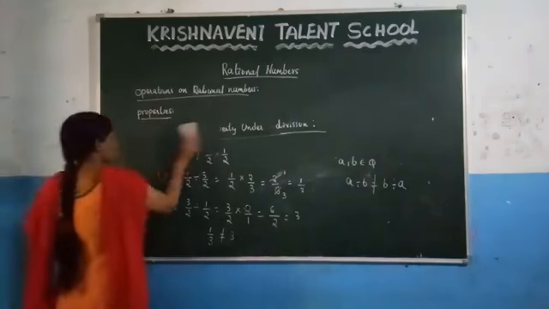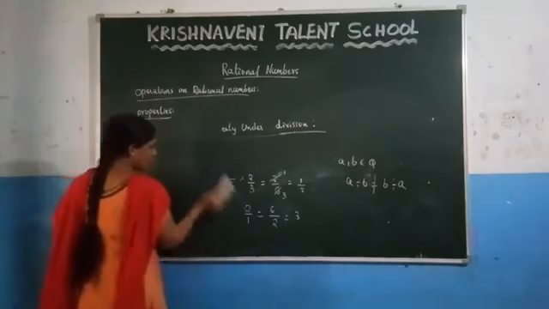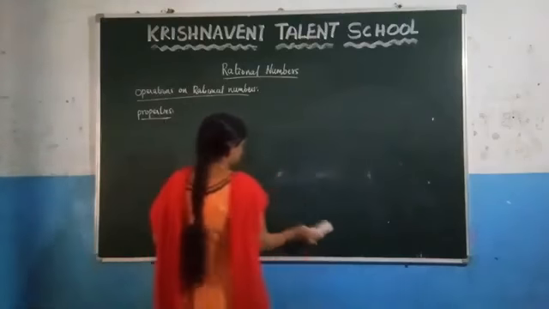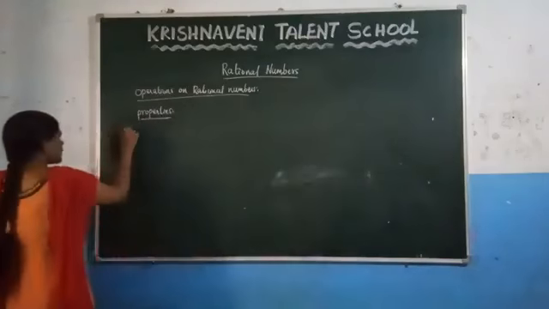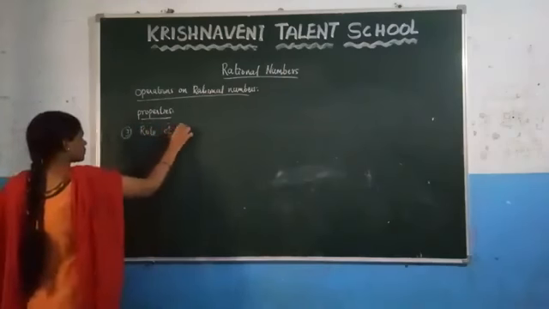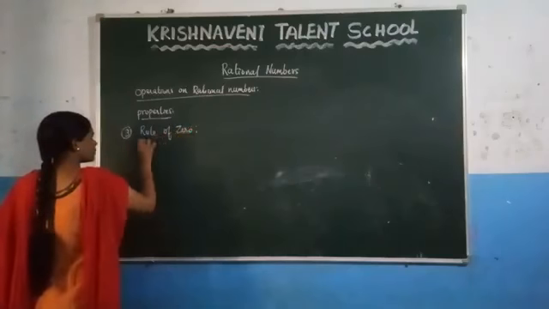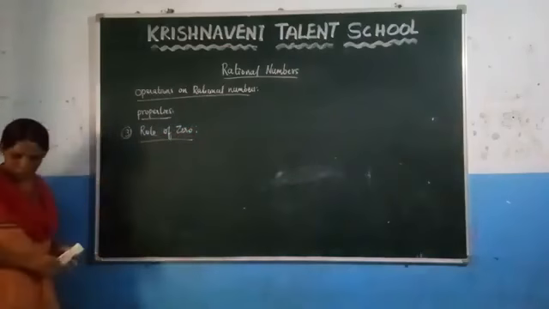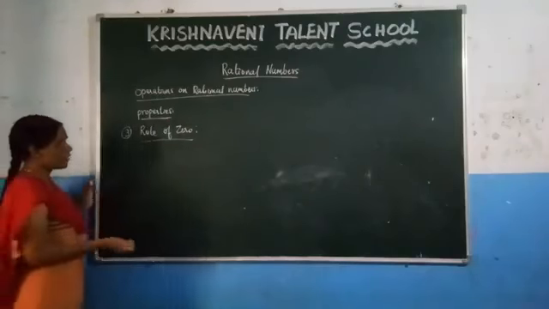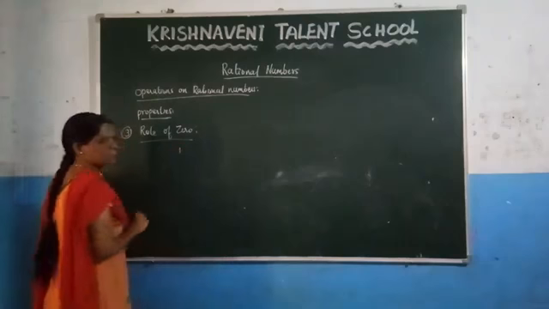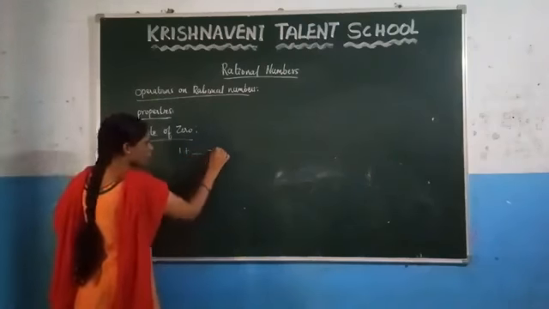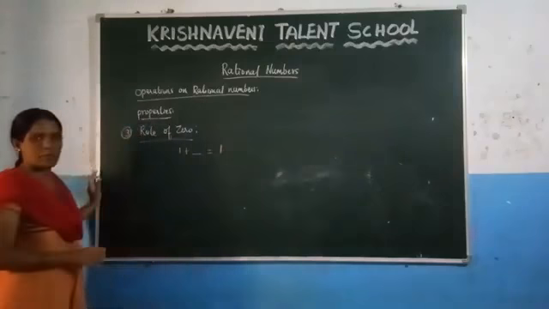Now the next property is role of 0. What this property says here, role of 0 means if you consider any rational number and if you have to add one number such that you have to get the result as the same number.